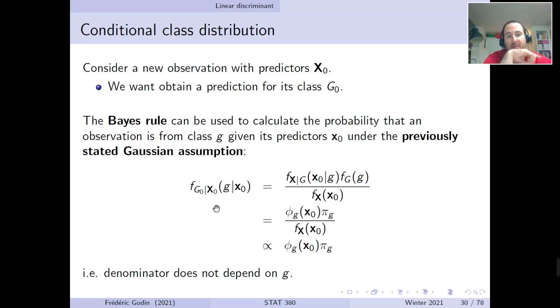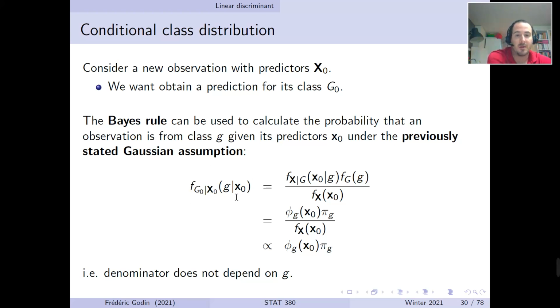Here it wouldn't be a density, it would be a mass function, because G is qualitative, so it has a finite number of values with positive mass. So we want the conditional mass function of the class given the predictors.